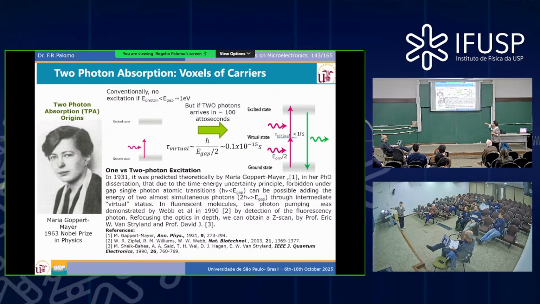When you don't have enough energy to excite an electron from the valence band to the conduction band, then you have a transient. The photon is absorbed, the electron goes in the middle of the gap and returns to the valence band. It lasts attoseconds, so basically you see nothing.